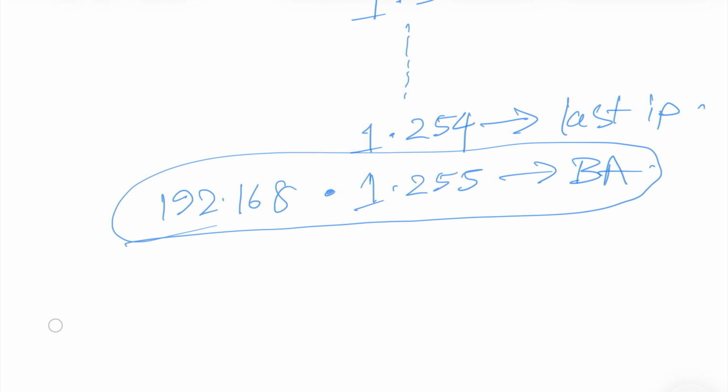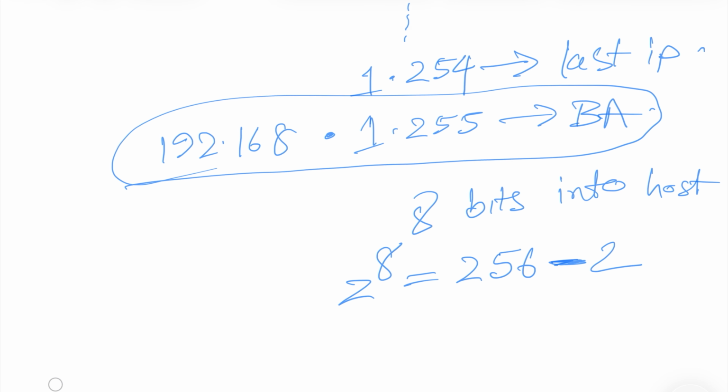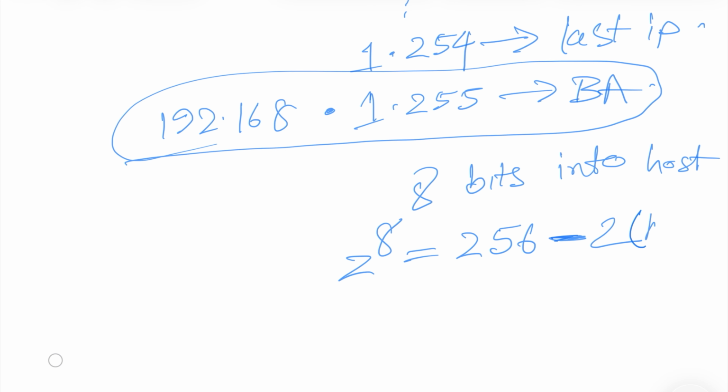So if you have 8 bits for host, that means 2 to the power 8 is equal to 256 minus 2, which are the network address and broadcast address.